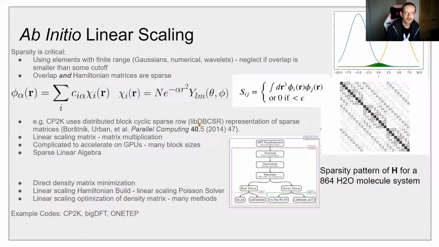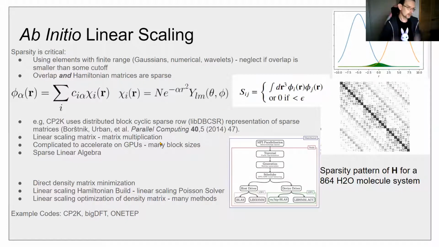And CP2K's got a specialized sparse linear algebra library called libDBCSR for distributed block compressed sparse row representation of the matrices, and that allows linear scaling matrix multiplication operations.